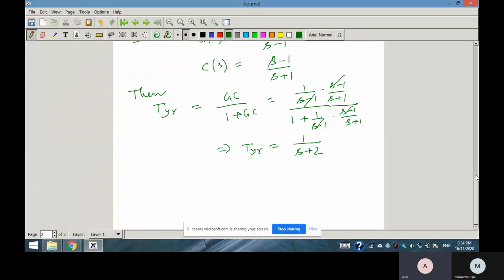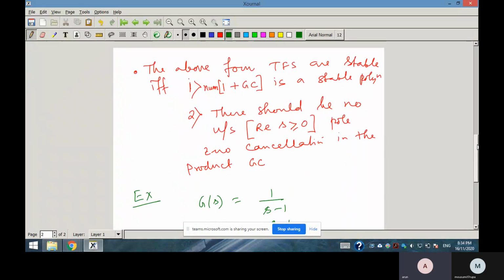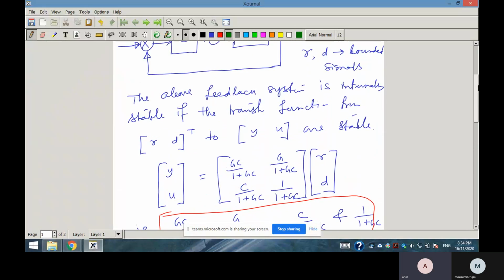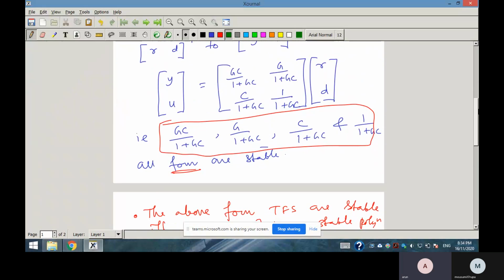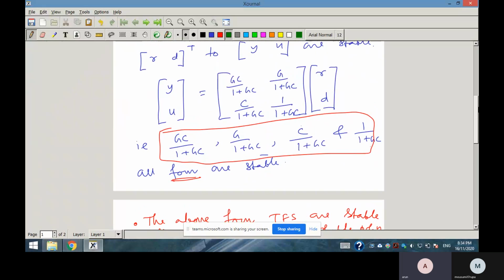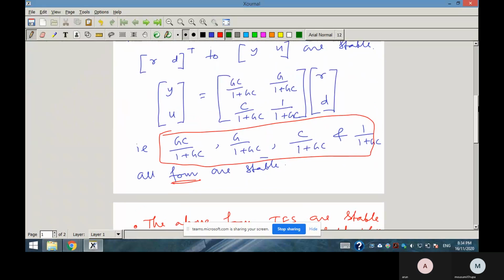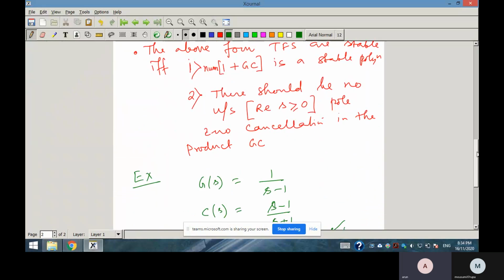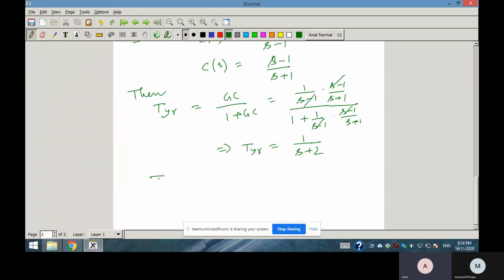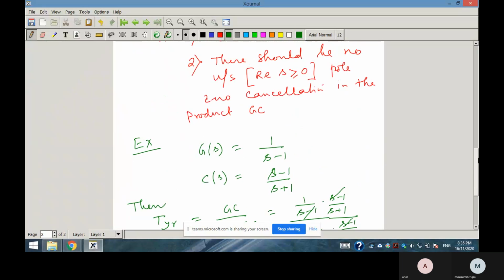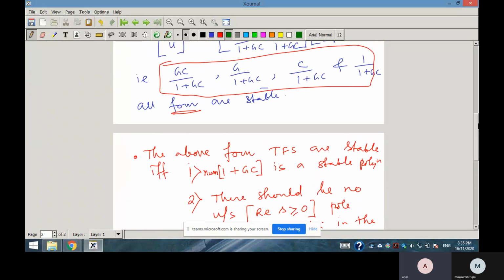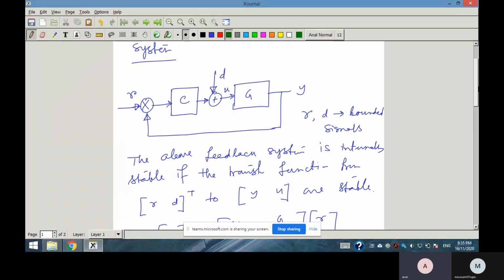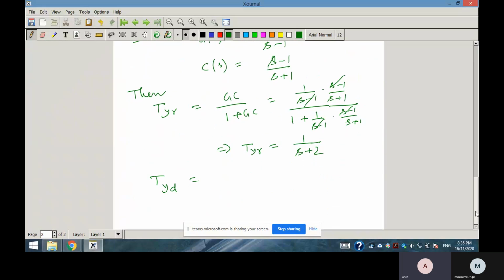The problem will arise if you take just the y to d transfer function. Ty to d, on this figure, is G divided by 1 plus GC.